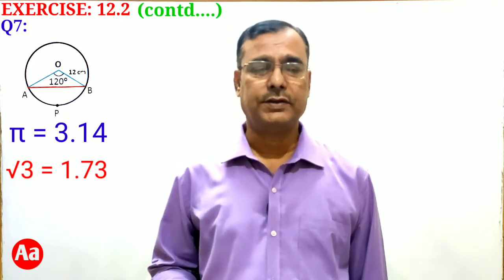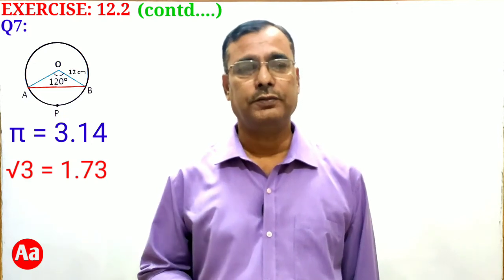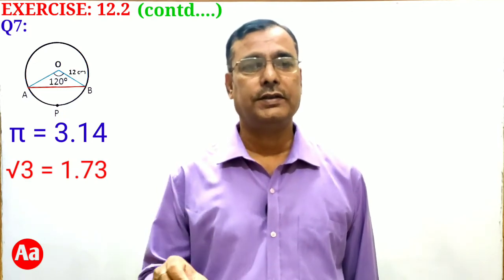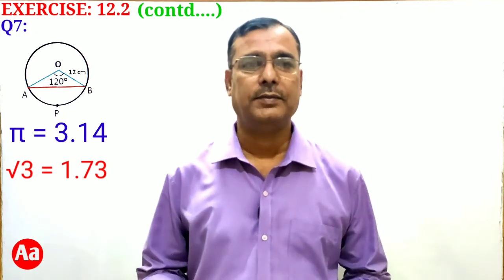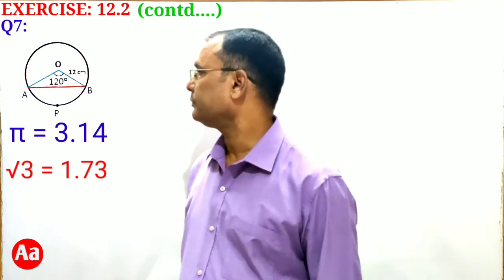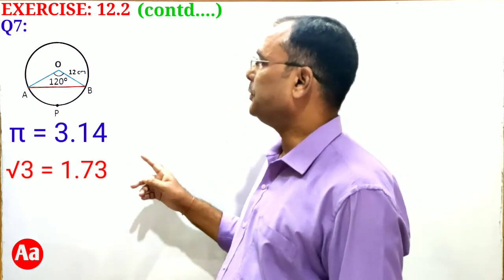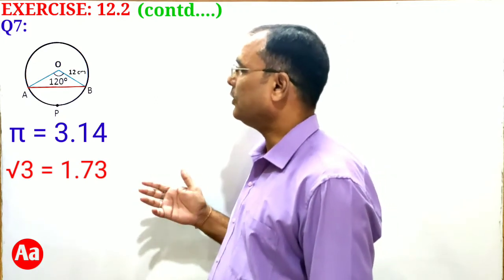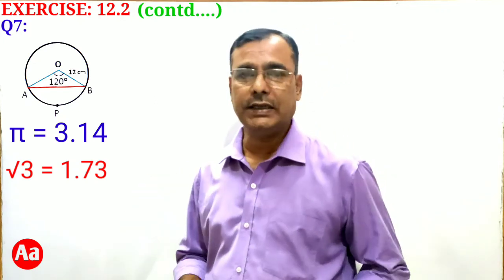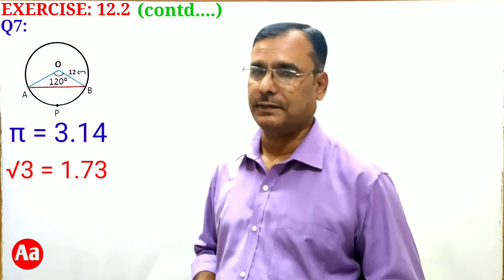In the solution of this question, we will use the value of pi equal to 3.14 and under root 3 equal to 1.73. So let's have a figure. In this figure, APB is the corresponding segment for the given chord AB that subtends an angle of 120 degrees at the center.